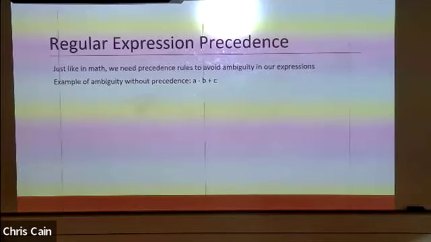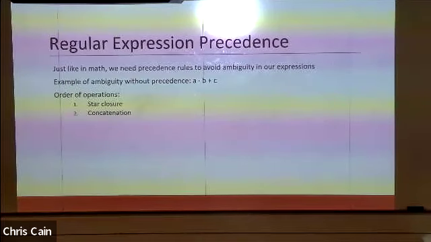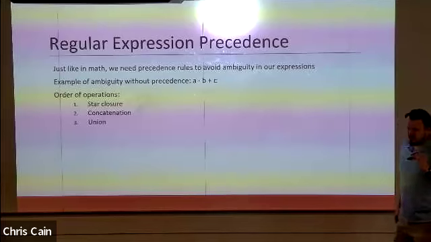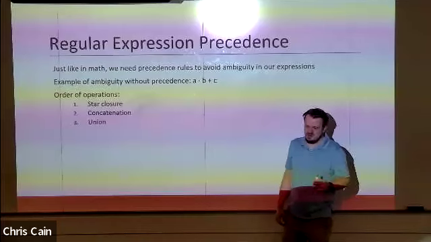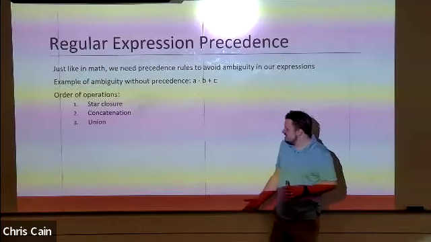So the precedence rules we're going to state is that we first do star closure. After we have resolved star closure, we will resolve concatenation. After we have resolved concatenation, we will resolve union. It's nice that they use dot and plus to represent concatenation and union because it's consistent with what we are used to from our own mathematical expressions.